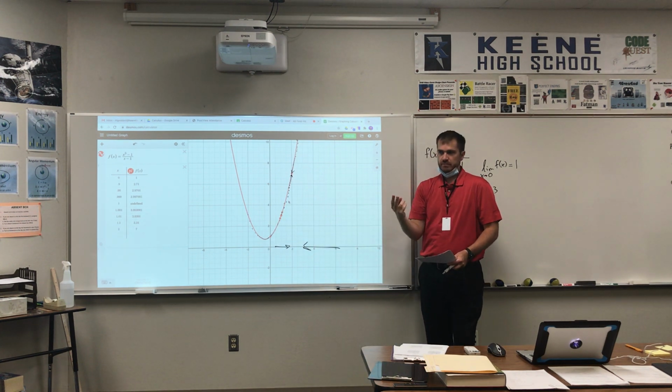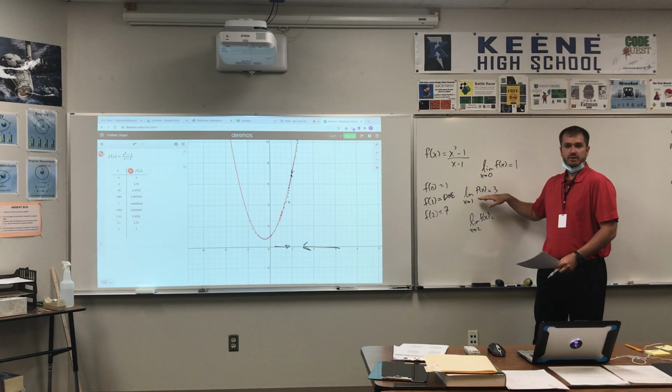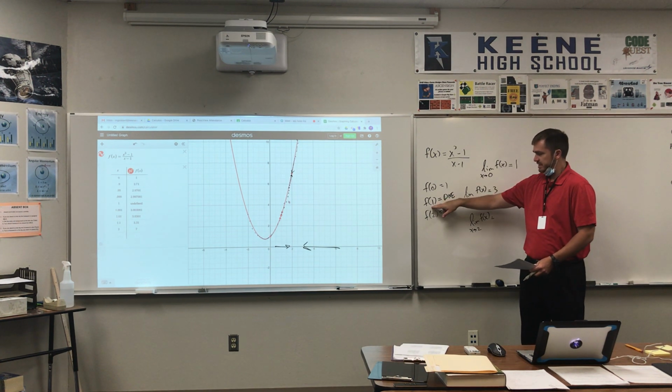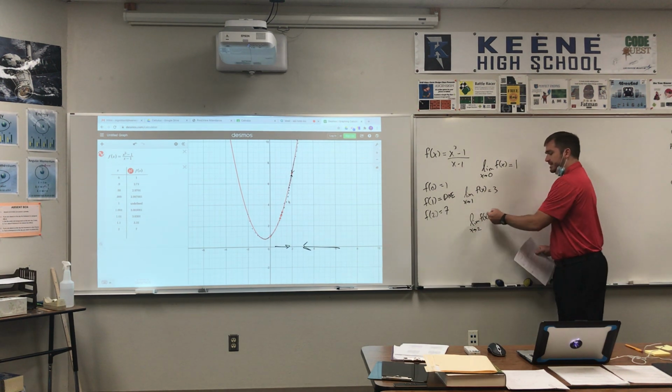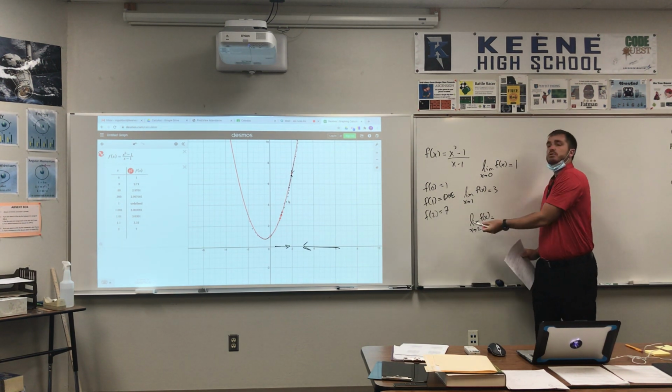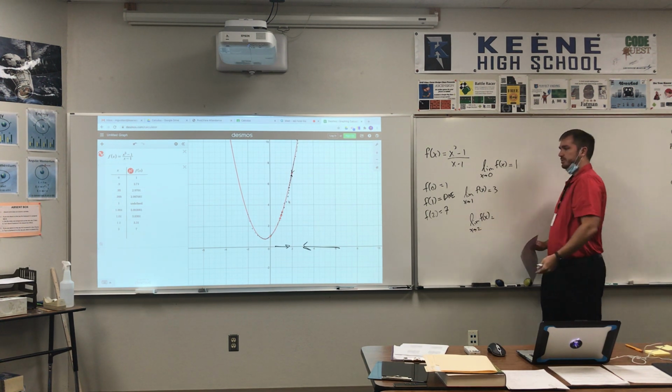Yesterday my point that I was trying to make was that those two things are asking different questions. This is asking, what's the function value at 2? This is asking, what are we approaching? What is the y value approaching as x approaches 2?